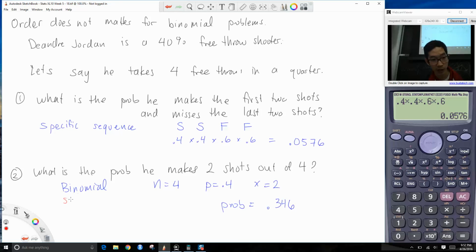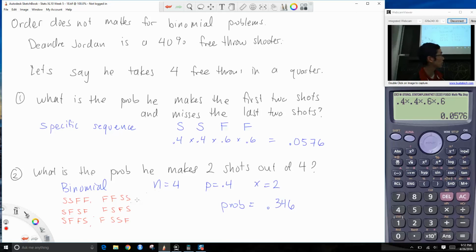Okay, and the difference between question 1 and question 2 is that question 2 allows for any arrangement of events. We could have success, success, fail, fail. We could also have, I'm going to just list out all of these possible arrangements. Okay, so we have 6 possible arrangements for him to make 2 shots out of 4.